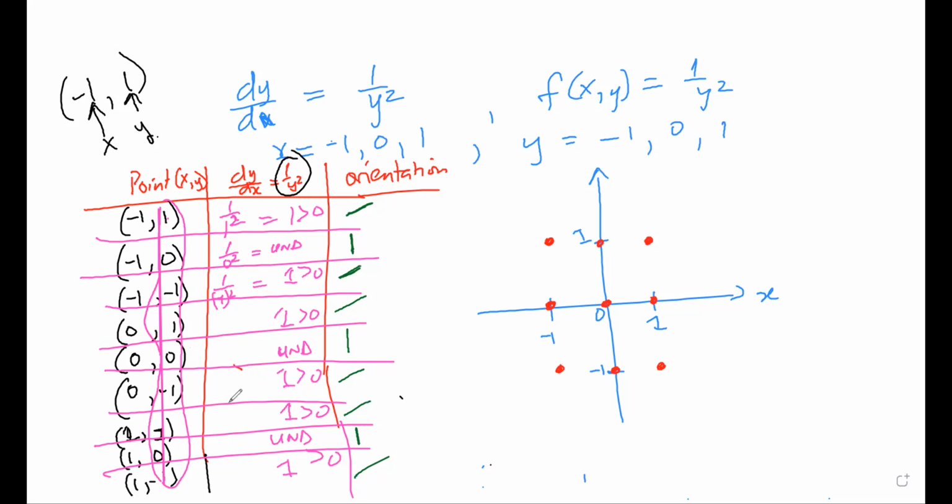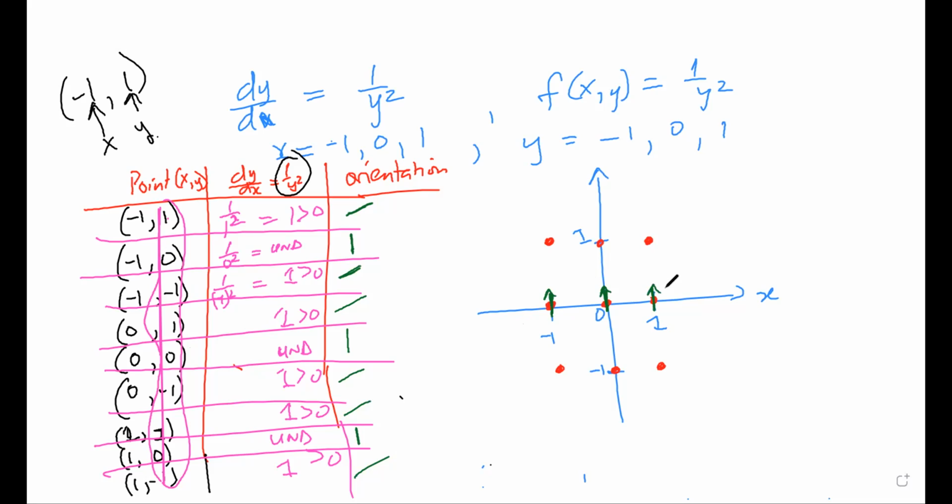Wherever y is 0, we're going to have a vertical orientation. So we have this vertical orientation here, here, and there. Okay, so this is the case.